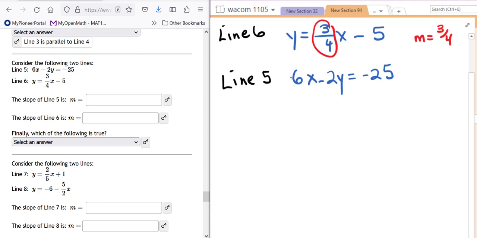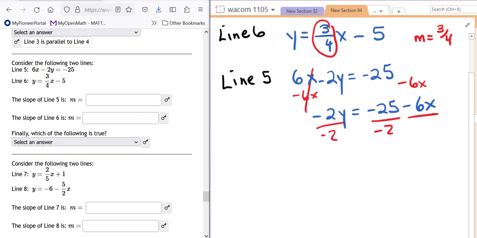So I'm going to subtract 6x from both sides. So I get -2y equals -25 minus 6x. Divide by -2. So we get y equals, this is positive 25 over 2. And this makes a plus 3x. Sorry, I got my color scheme all off there.